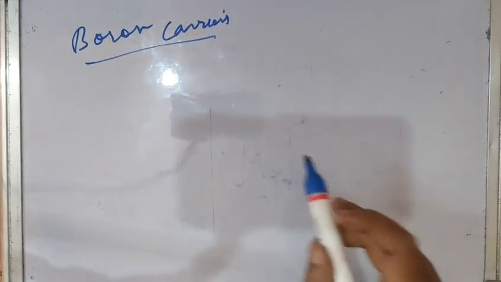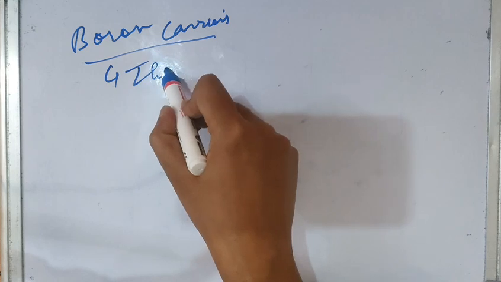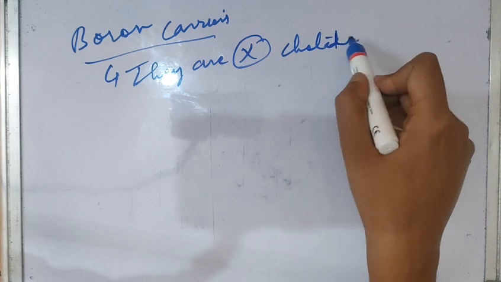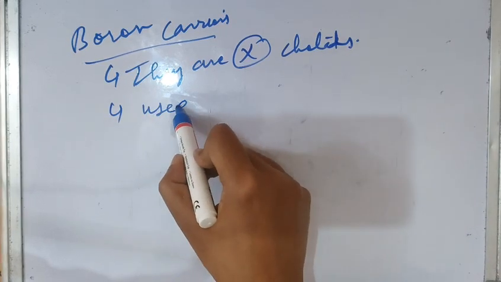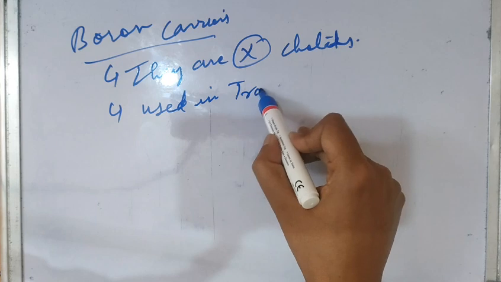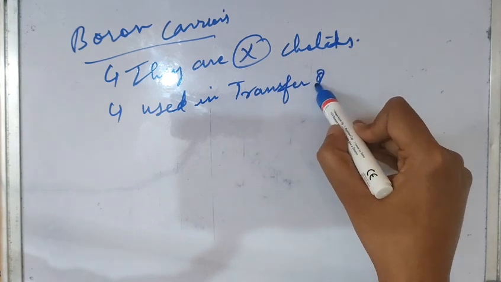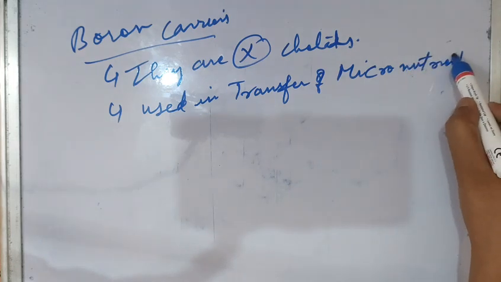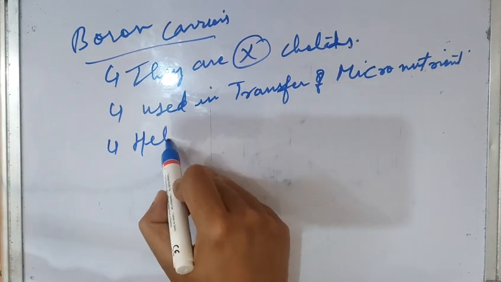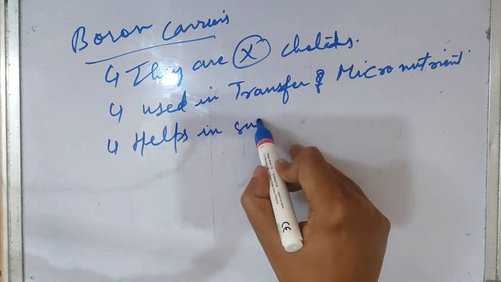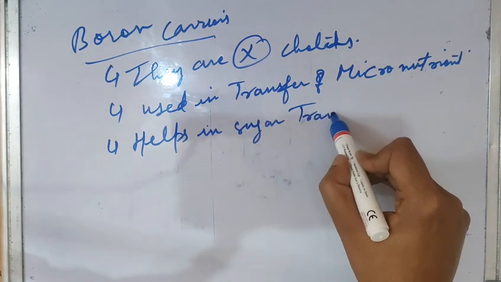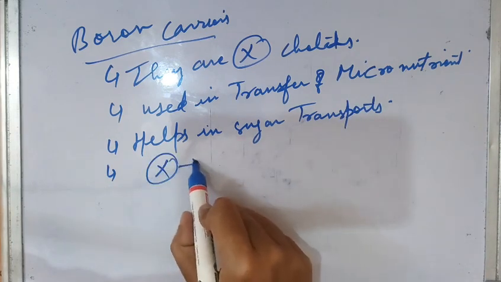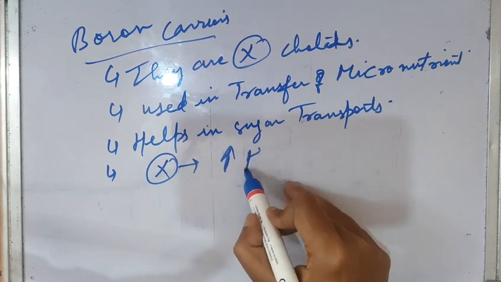Boron carriers. First of all, they are not chelates. They are used in transfer of micronutrients. They help in sugar transport. They are not available in high pH.